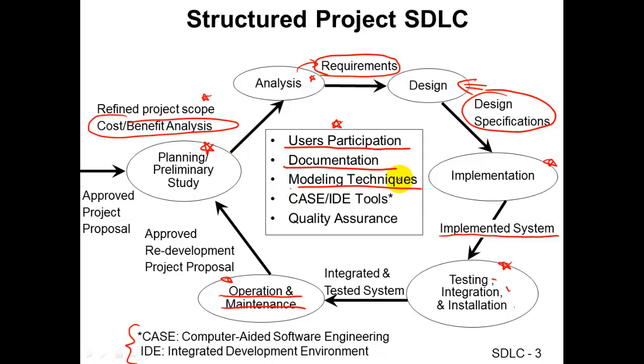I mentioned modeling techniques earlier. They are tools to help us document things like a database design, a process design, or user interface. There are two types of software. One is called a computer-aided software engineering tool. We call it a CASE tool. I used to do a lot of research in the CASE tool arena, in particular integrated CASE tools. The second category is called IDE, integrated development environment.